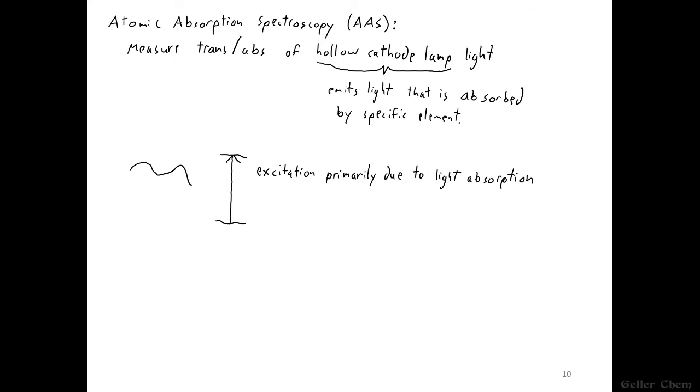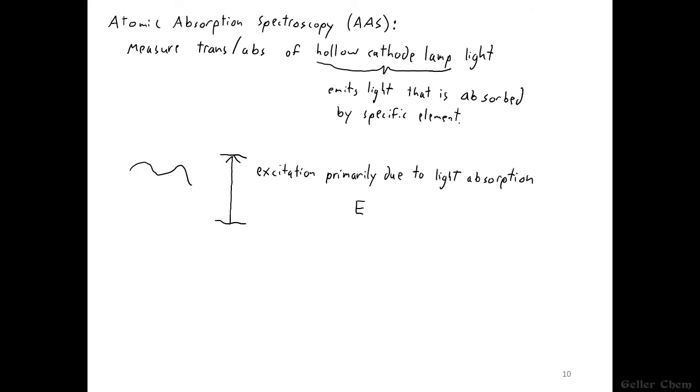And I write the word primarily because we're about to learn that there are other ways that the electron could potentially be excited. But in these experiments, the major way that the electrons are excited is through absorbing this light that we're shining in. And we have the same condition that we've had since the beginning of spectroscopy.